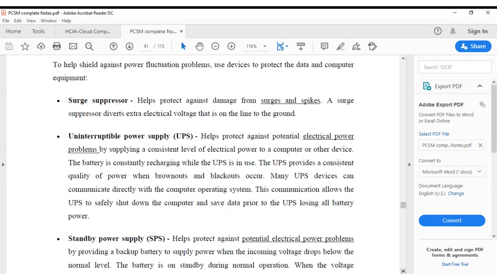Then we have UPS. UPS is uninterruptible power supply.